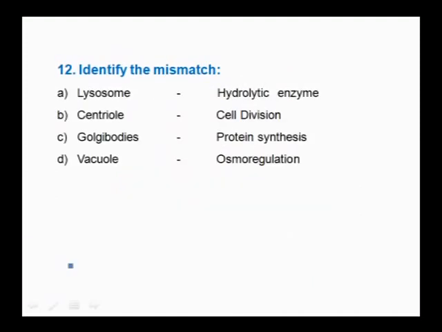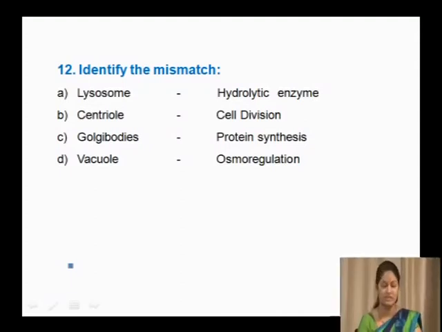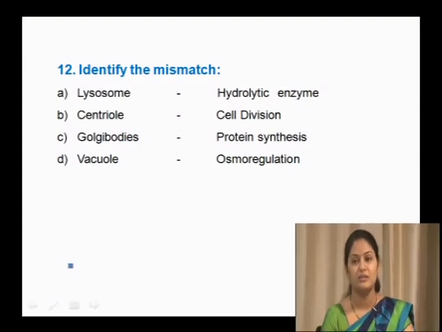Next question, identify the mismatch. The organelle as well as their functions are indicated there. So let us identify the mismatch or wrong combination. The first one, A, lysosome, and it says hydrolytic enzymes.